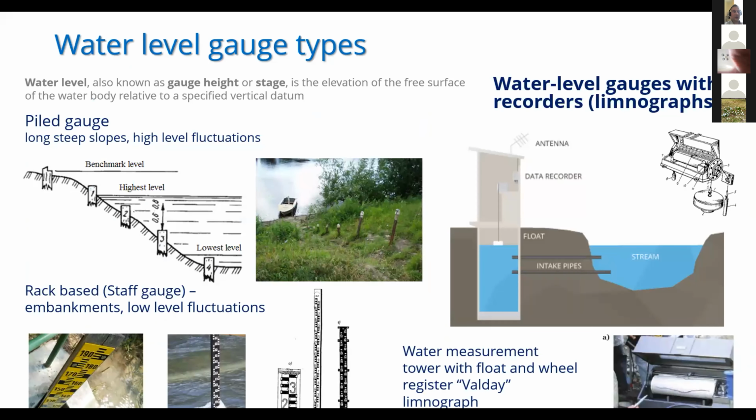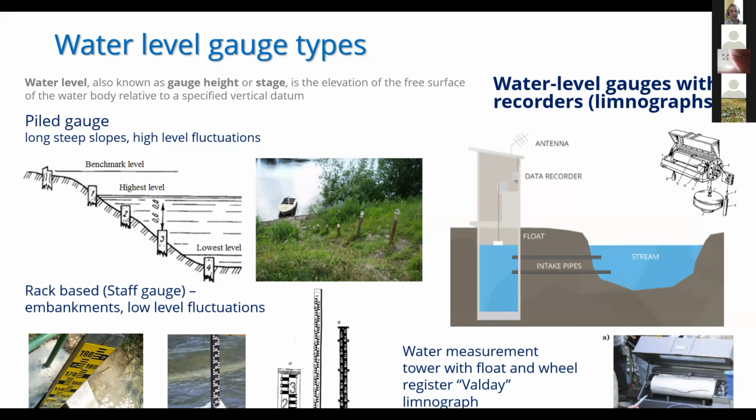In stream flow gauging, the most widespread hydrological measurements are water level measurements. Water level gauges can have different constructions, and first of all, they can be manual or automatic.